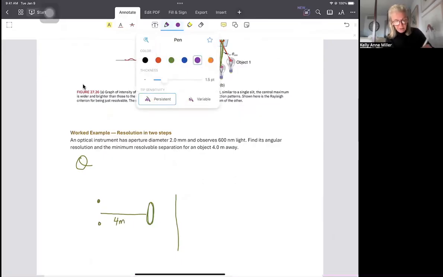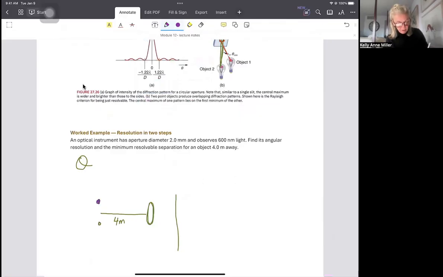And maybe let me make these different colors. So the light from this one is going to go here. The light from this one is going to go here. There's going to be a diffraction pattern, where the peak is in the middle like that. So there's some separation between those two peaks. And I'm trying to calculate this angle.